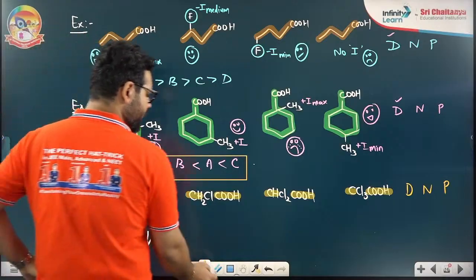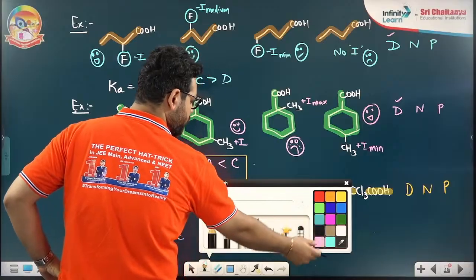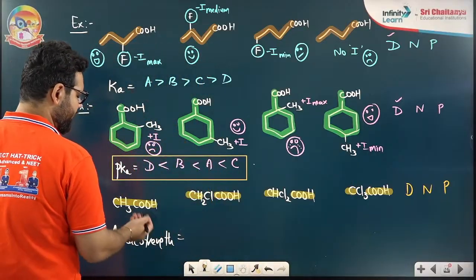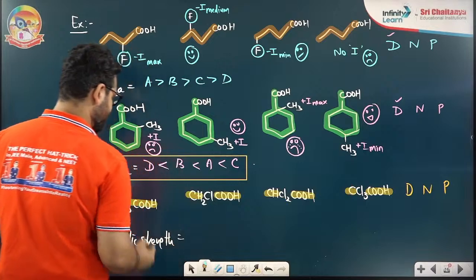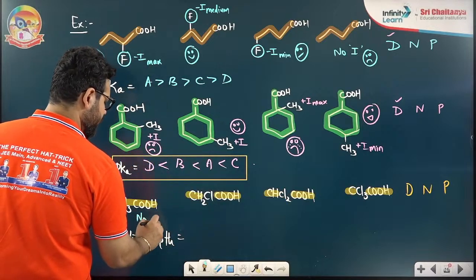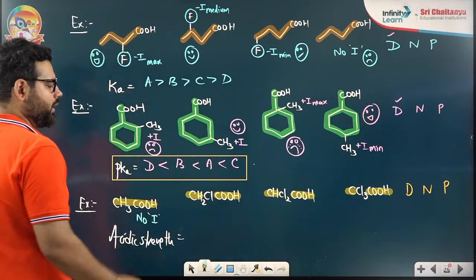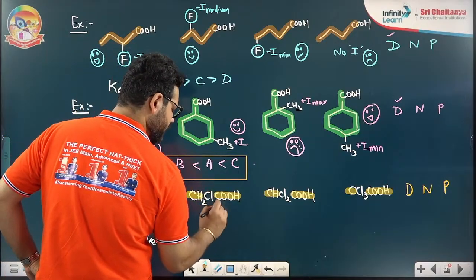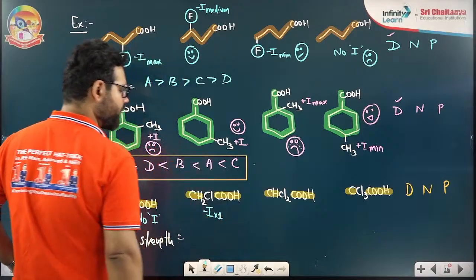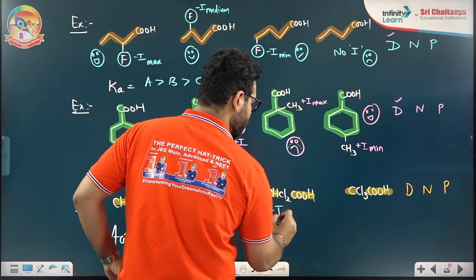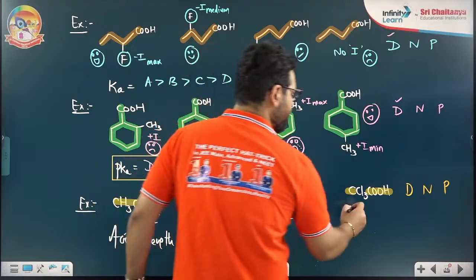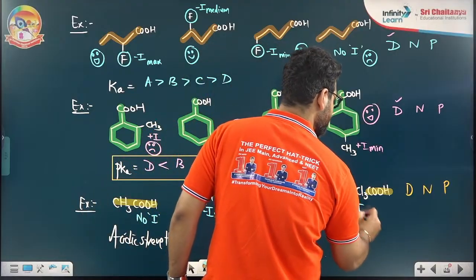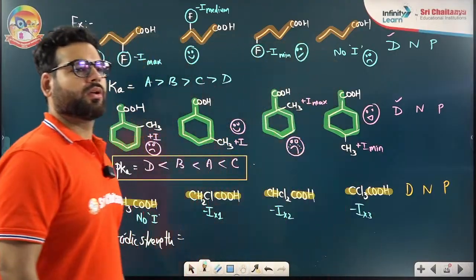Okay. Then here on the common part, no groups are attached, just hydrogens. We know hydrogen has no inductive effect. So here I can say no inductive effect. Here there is 1 chlorine, so 1 chlorine will have a -I 1 time. Here 2 chlorines, 2 times -I. Here 3 times -I. Yes.